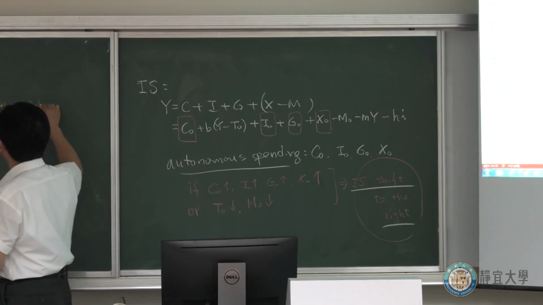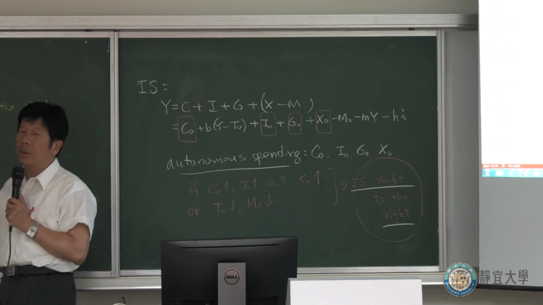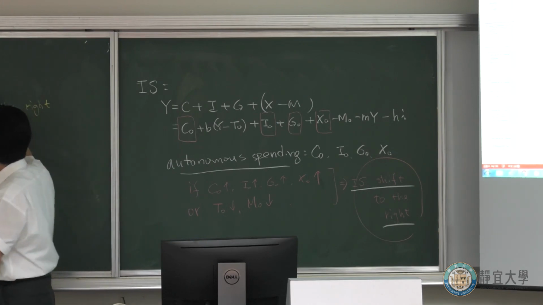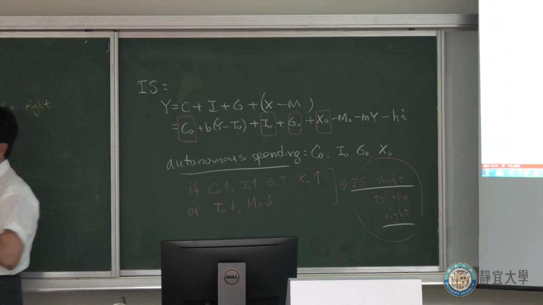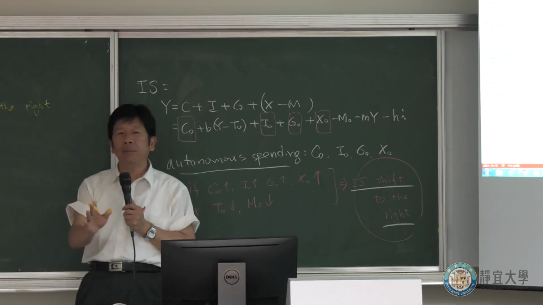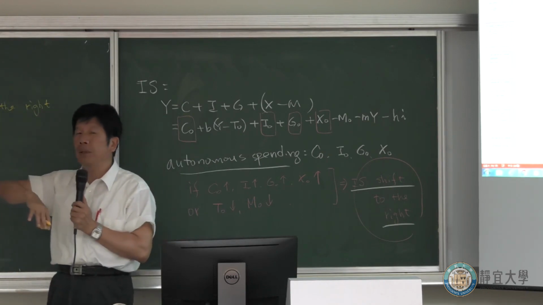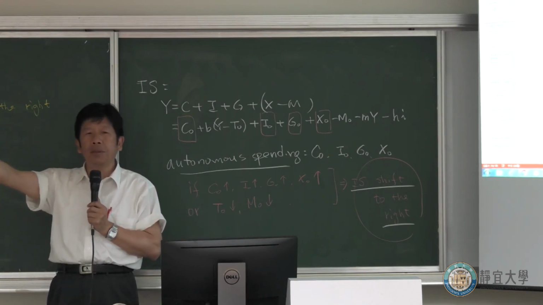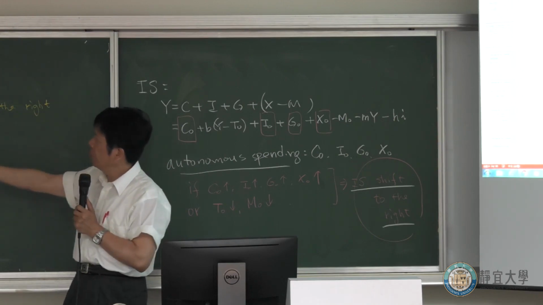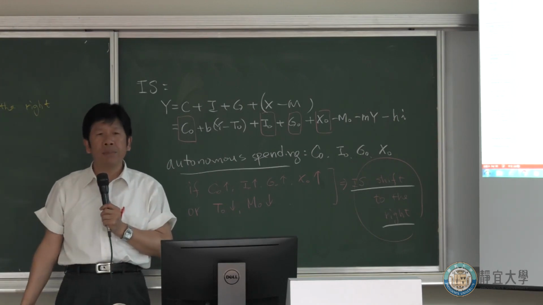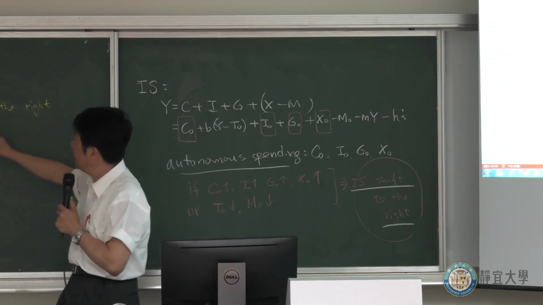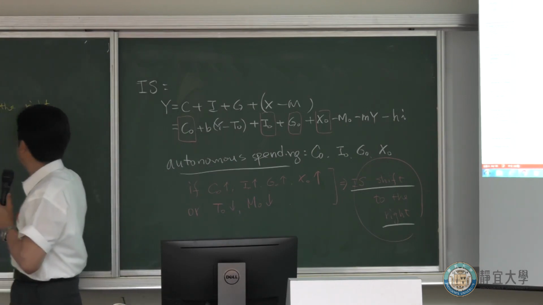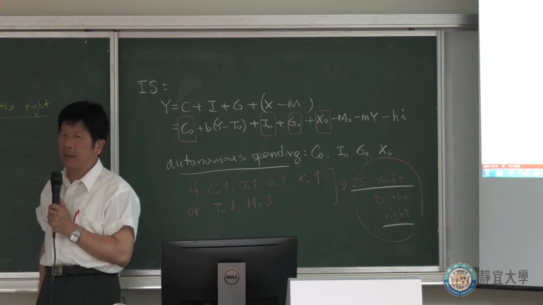This is what we call expanding expenditure. Let the government control government spending, or government expenditure increase, or let the tax decrease. And after that, you can see the IS curve shifts to the right-hand side.